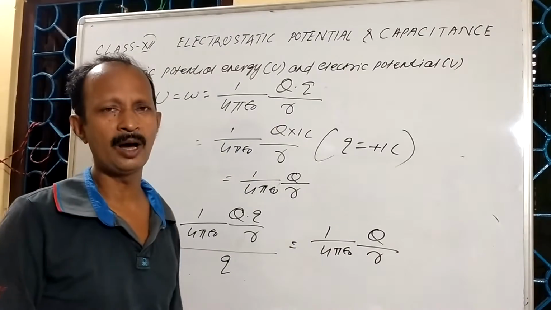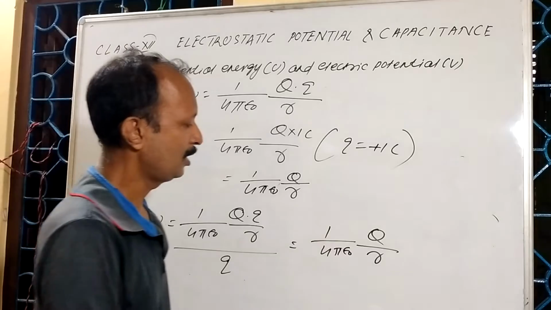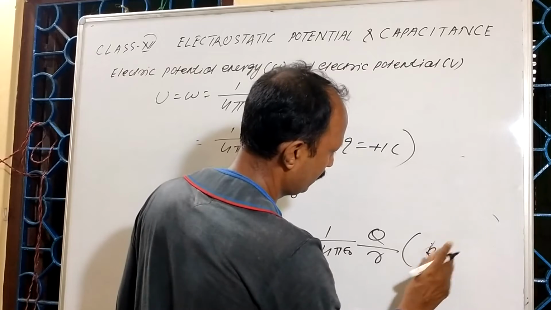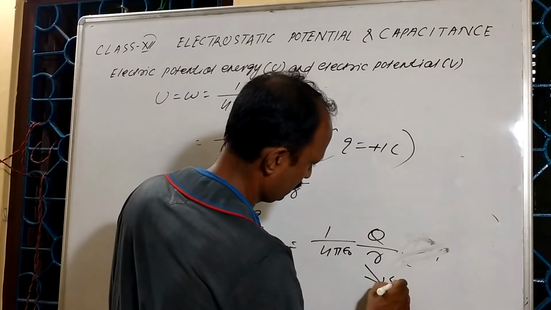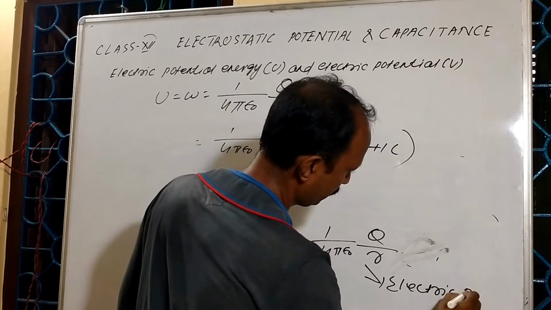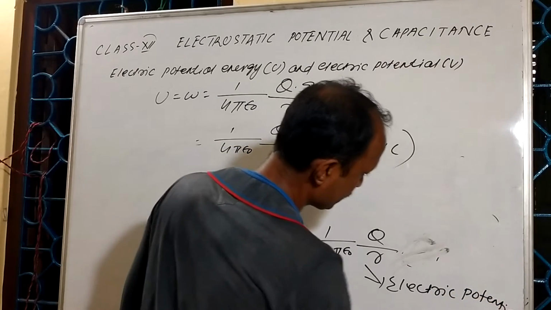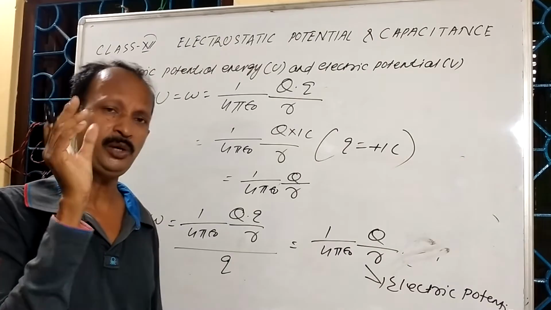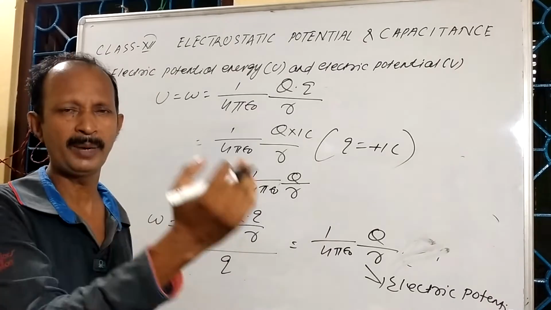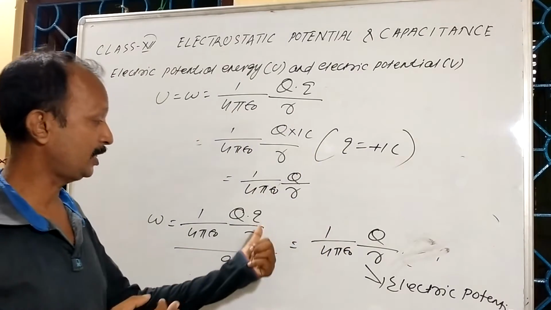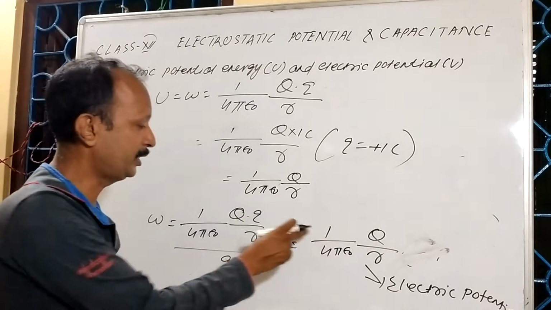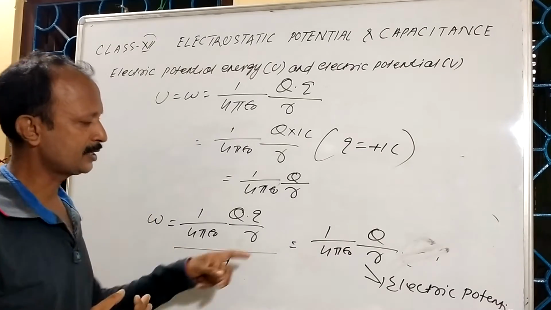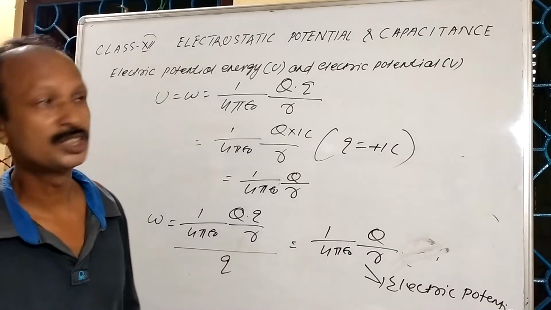This is the work done per unit charge, or you can say this is the electric potential. This is the amount of work done for bringing a single unit positive charge from a point of infinity to this point. Single unit, one charge, written here as 1 coulomb. That means I can say that the electric potential is the potential energy per charge.